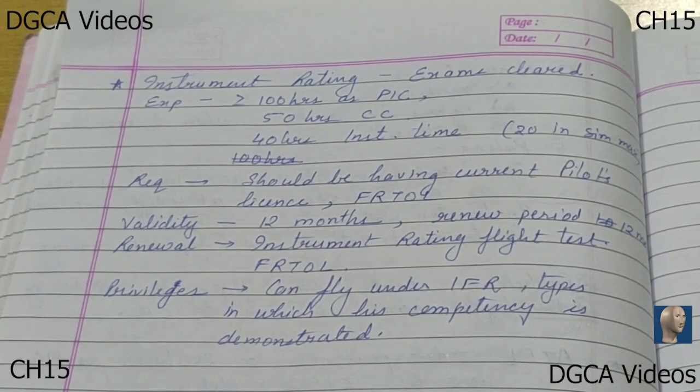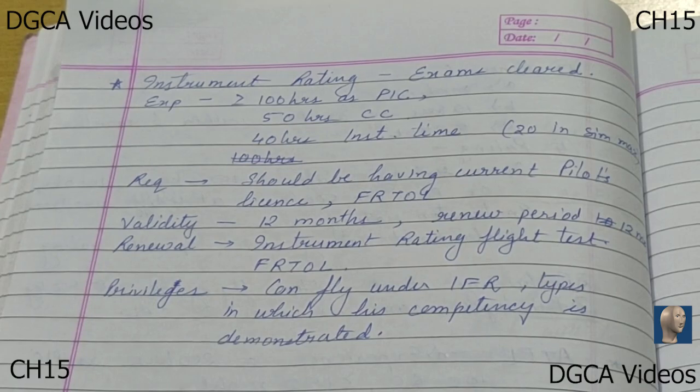Okay, then proficiency check. Other things we have all done. Last but not the least, we are coming to instrument rating. Instrument rating knowledge should be all written and oral exams of air regulations, navigation, meteorology, instrument rating, and the prescribed syllabus, all these things.